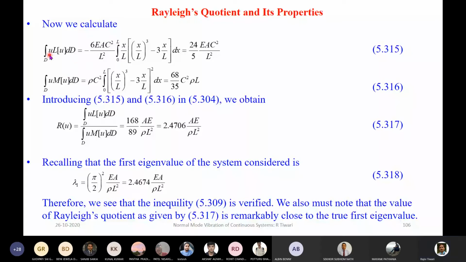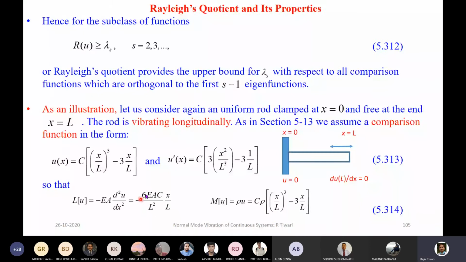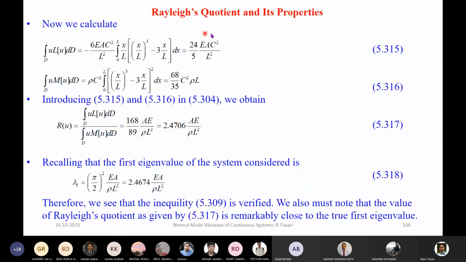We already obtained this earlier. I'm not giving all the expressions here. So this into this, if we integrate, we get this kind of expression. Similarly, we integrate U into MU, which was rho times that expression.